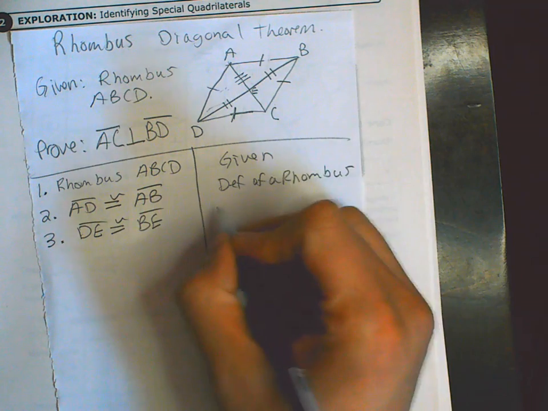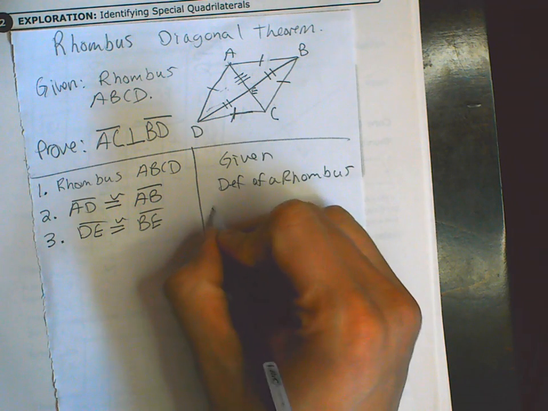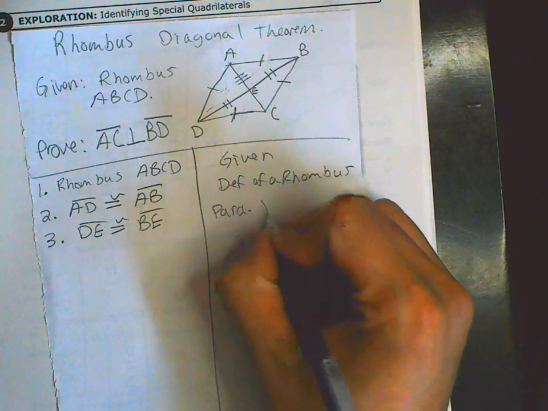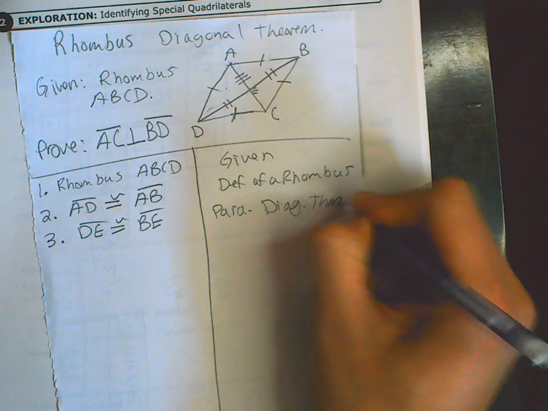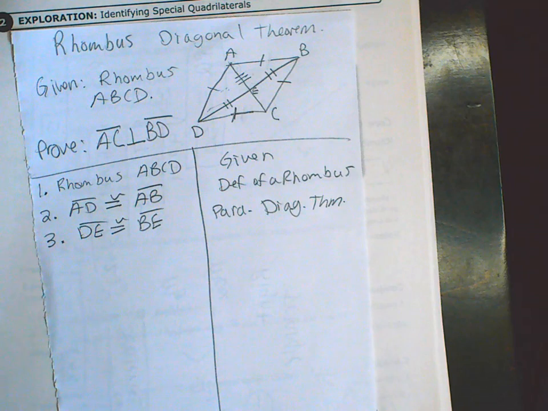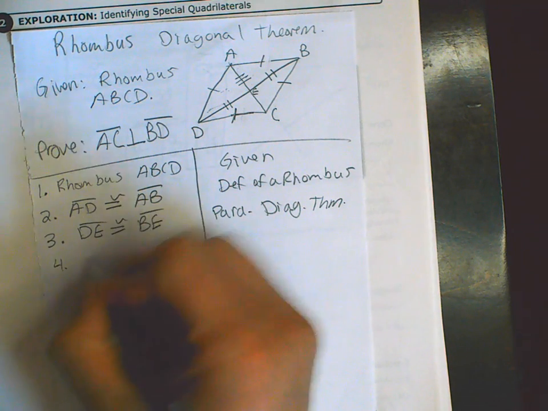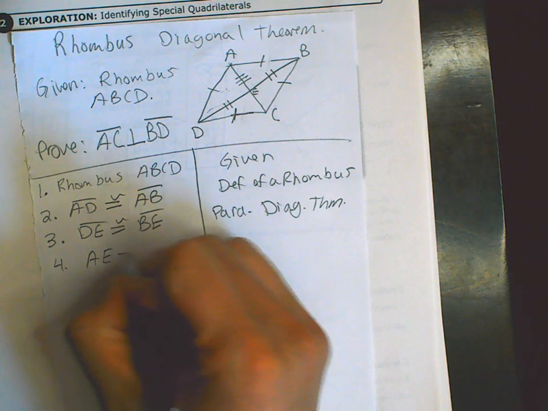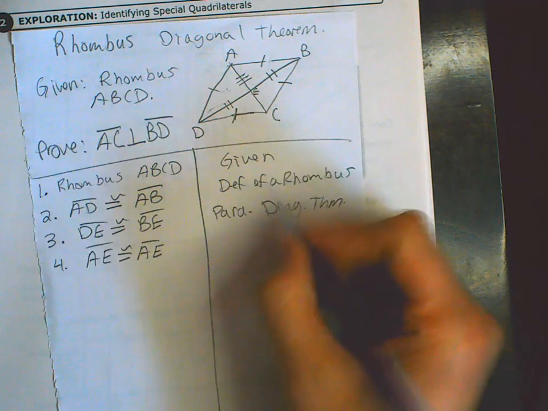All right. And DE congruent to BE because of the parallelogram diagonal theorem that states that the diagonals bisect each other. So now we have AE congruent to AE because of the reflexive property.